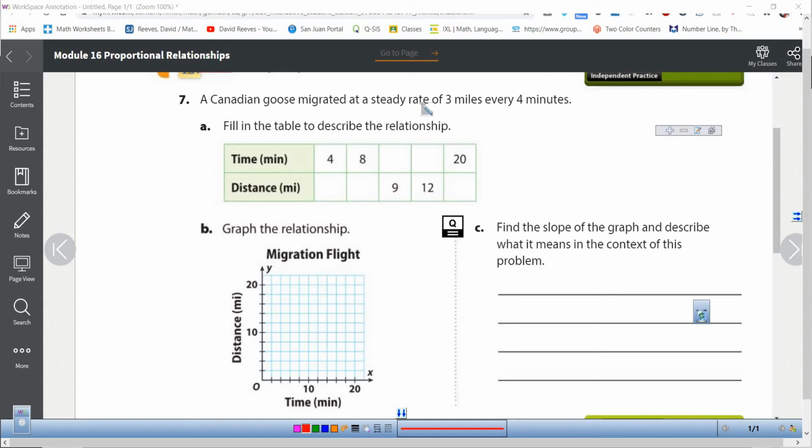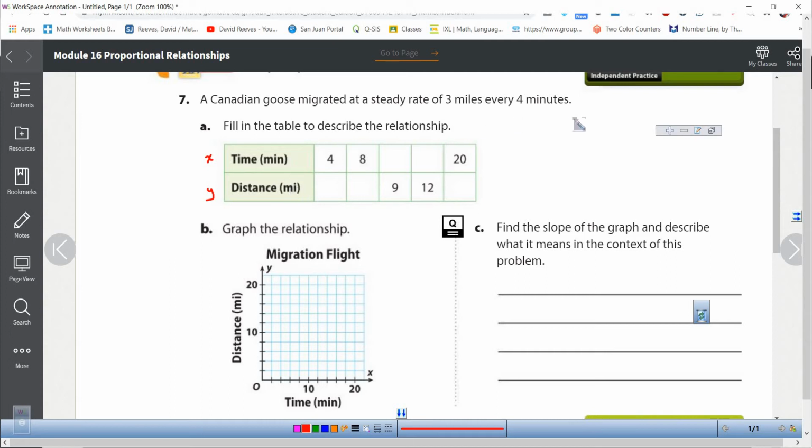So this goose migrates at a steady rate, or a constant rate, of 3 miles every 4 minutes. By the way, when we have tables like this, x is our input and y is our output. x we often call our independent variable, and y is our dependent variable. The distance depends on the time.